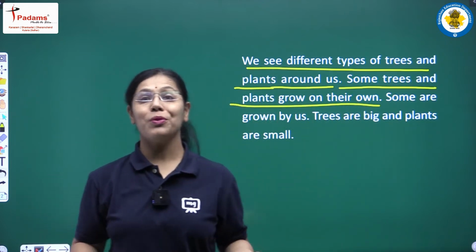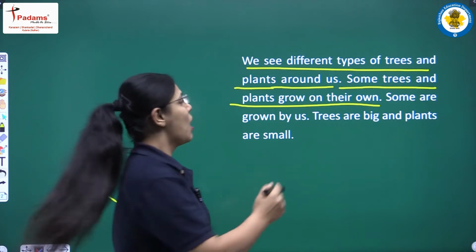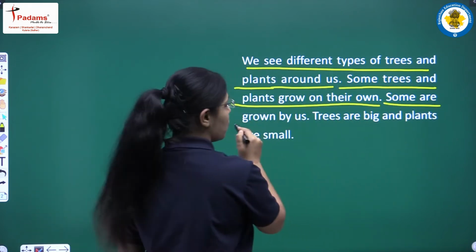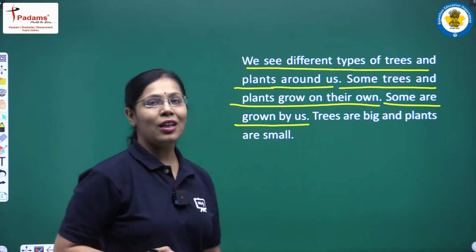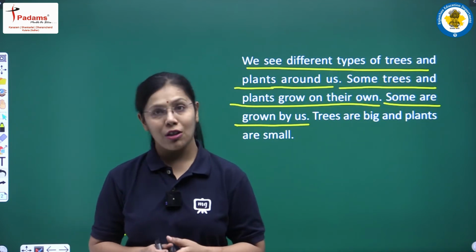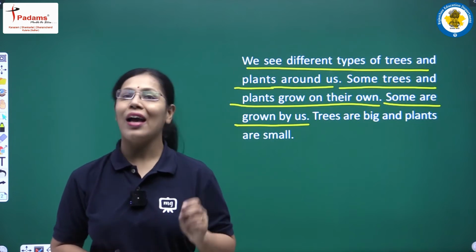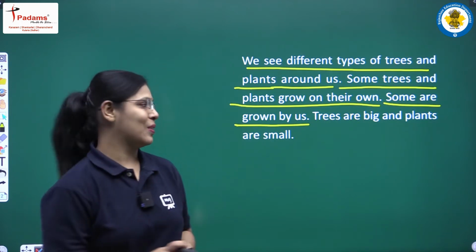You do not have to do anything for them. And some are grown by us, but many people are involved in this work. They do the work of plantation. So some are actually grown by human beings.